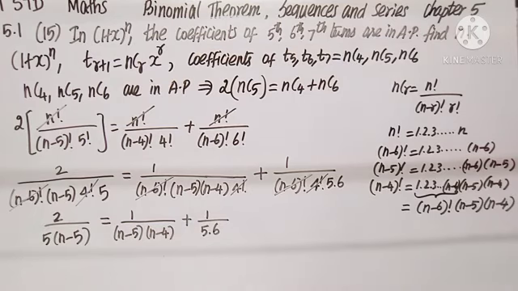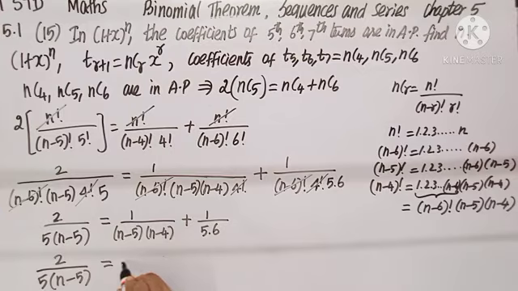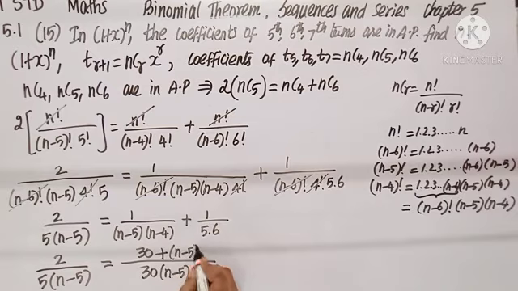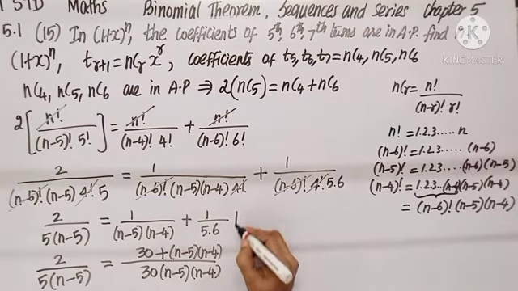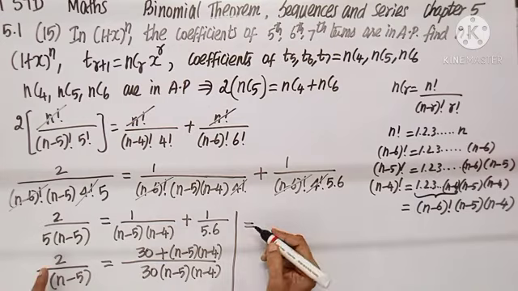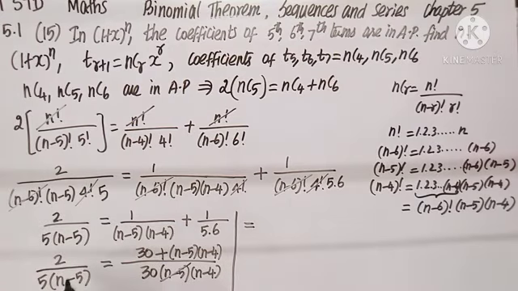Let us simplify this and find what n is. 2 by 5 into (n minus 5) equals, taking LCM, 5 into 6, 30 into (n minus 5)(n minus 4), cross multiplying, 30 plus (n minus 5)(n minus 4). n minus 5 cancels on both sides, and 5 I can cancel 6 times.